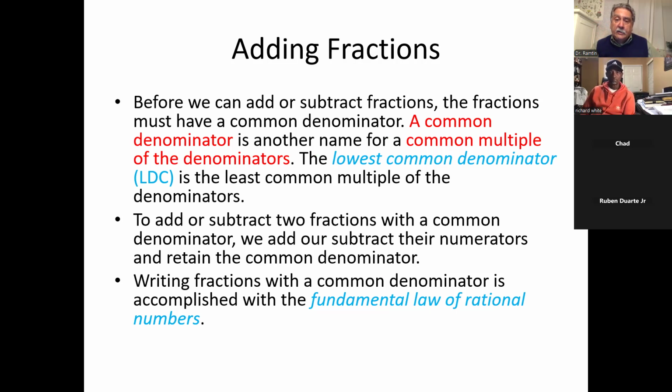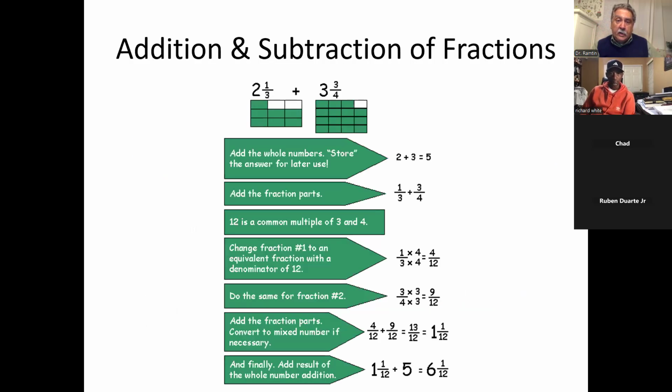To add or subtract two fractions with a common denominator, we add or subtract their numerators. Writing fractions with a common denominator is accomplished with the fundamental law of rational numbers. Again, seeing an example makes it much easier. Let's say we have two mixed numbers we want to add: 2 1/3 plus 3 3/4. And I draw them here to visualize it.